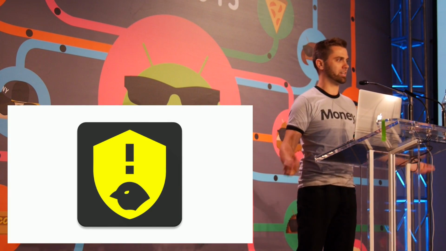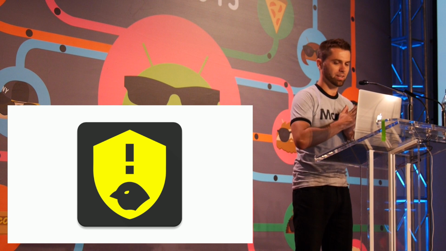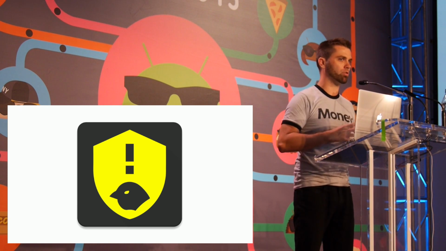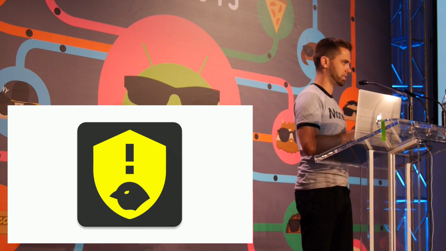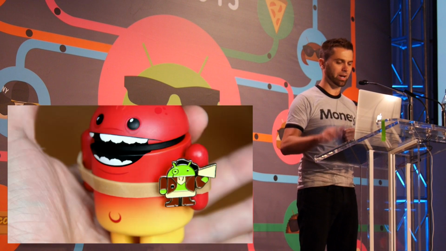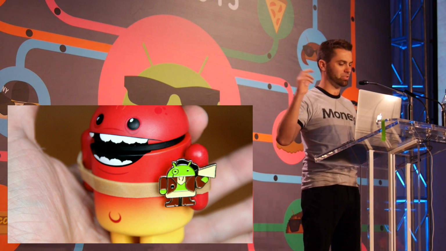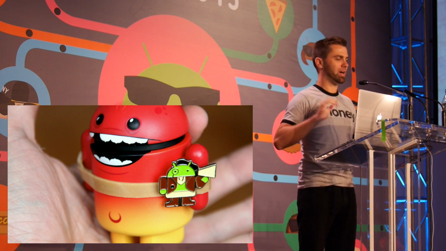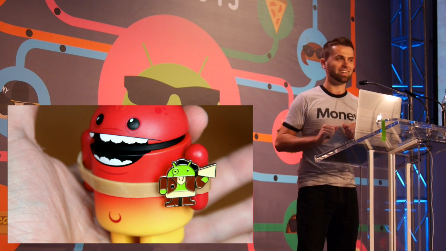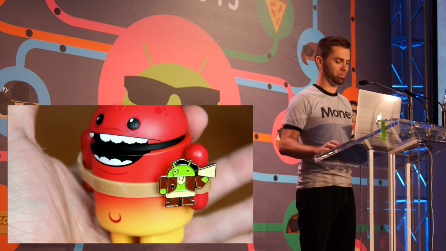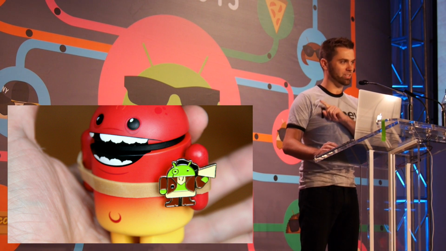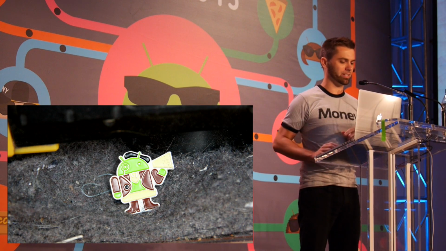And that's where LeakCanary comes in. So LeakCanary, what is it? It's the idea that this Android collectible, at some point, as a developer, I know I want to get rid of it. I know it should be destroyed and garbage collected soon. So I attach some sort of smart pin to it. And I promise, we'll get to the technical details later. This is a bunch of pictures, but it should be more technical at some point. Anyway, this smart pin is really smart. It knows when it's being garbage collected.